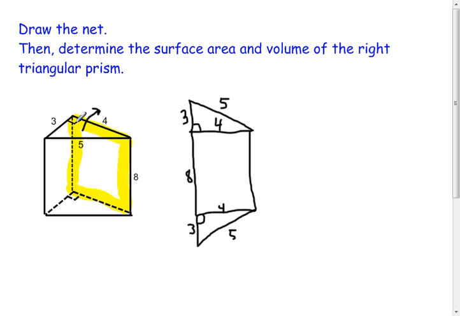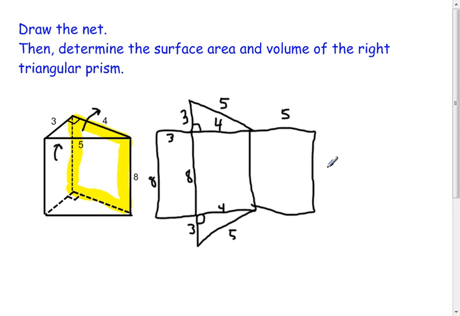Okay, so we have this yellow rectangle, the top, the bottom, and now we'll fold this 3 side back. We'll fold this 5 side around. So the 3 side is going to be over here. It's going to be 3 by 8. And then the 5 side is going to be over on the side here. It's going to be 5 by 8.